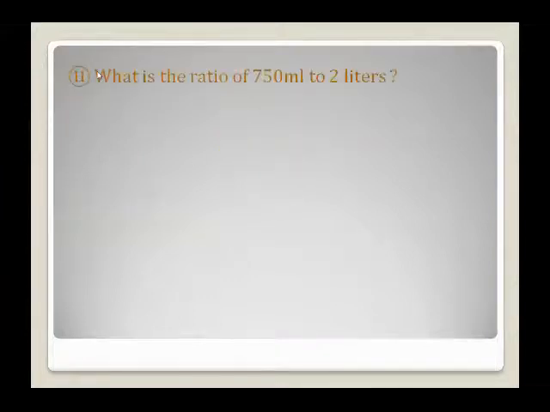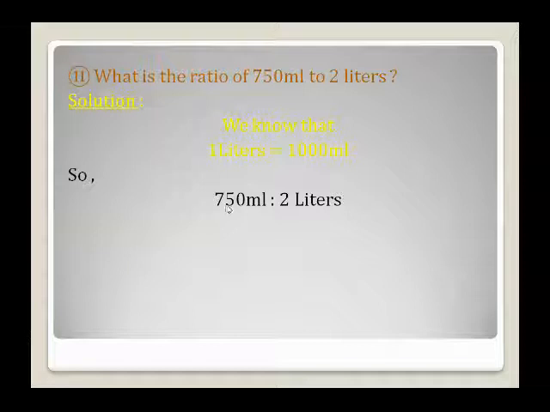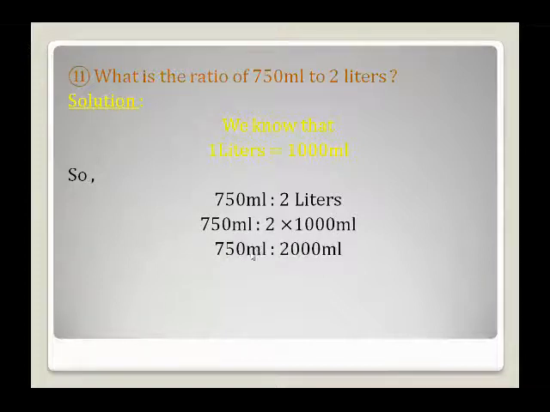Now, in question number 11, what is the ratio of 750 milliliters to 2 liters? Here is our solution. First of all, we know that 1 liter is equal to 1000 milliliters. So we have 750 milliliters to 2 liters. Now we convert liters into milliliters. Here we write 750 milliliters to 2 multiplied by 1000 milliliters, which is 750 milliliters to 2000 milliliters.